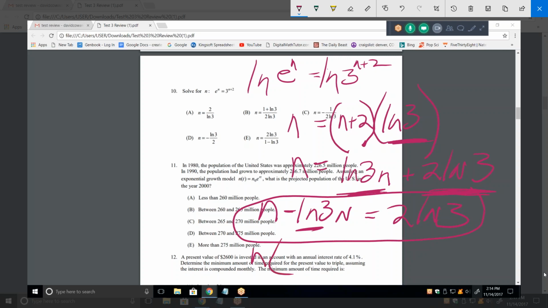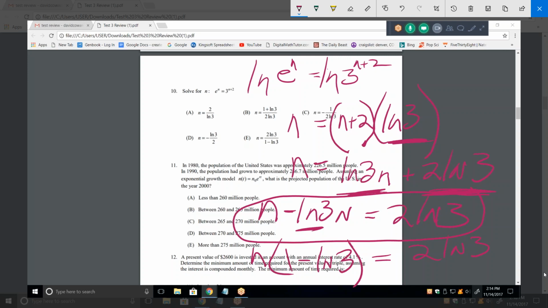What am I left with? 1 minus ln of 3. What's n divided by n? 1. Is that not the answer? I mean, that's not the answer for n, but it's the next step in this equation.